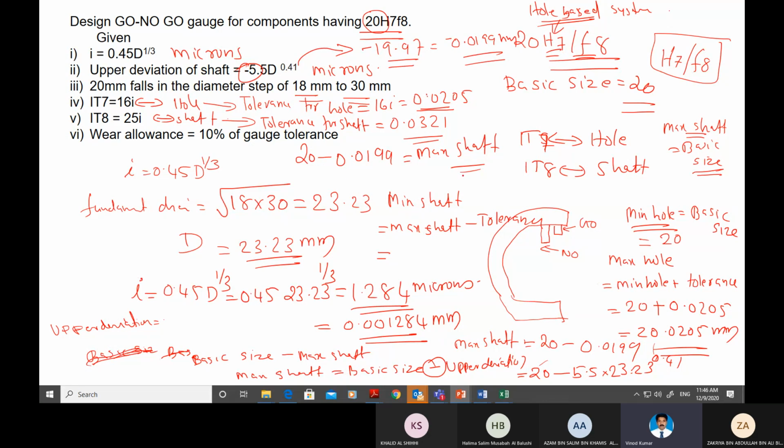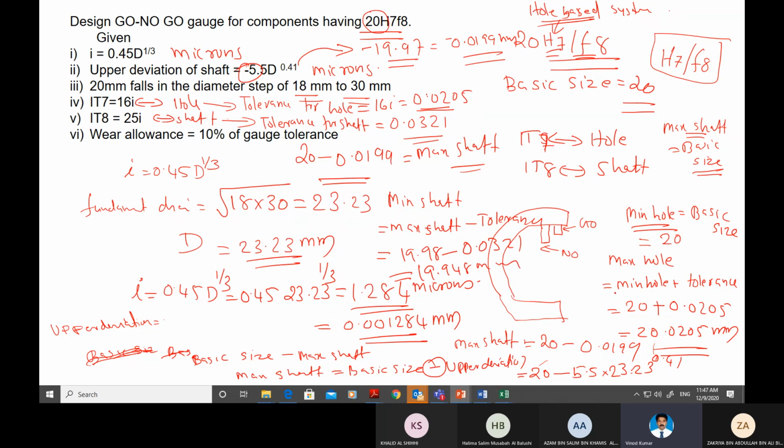So maximum shaft is 20 minus 0.0199, which is 19.98. 19.98 minus tolerance. Tolerance for the shaft is 0.0321. This will be equal to 19.948 millimeter.